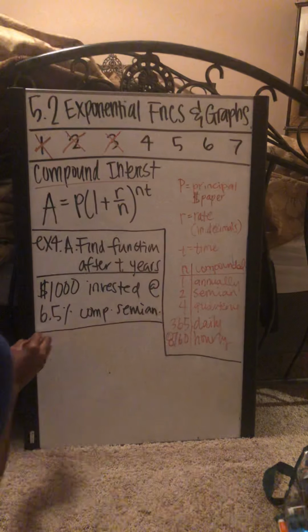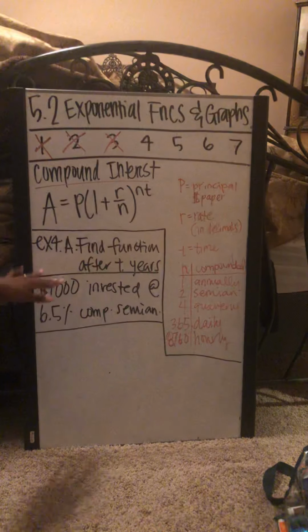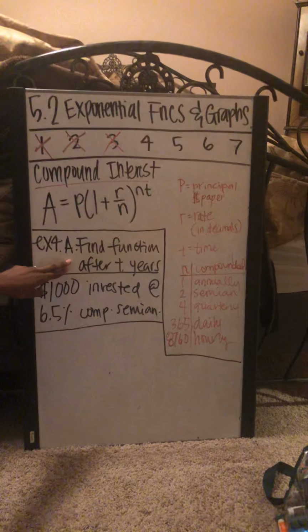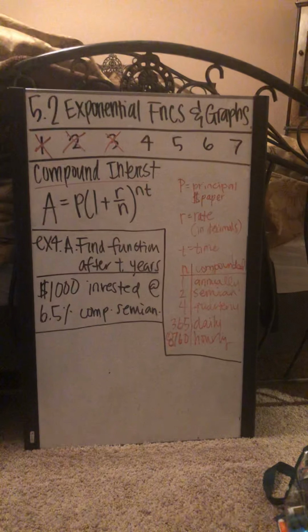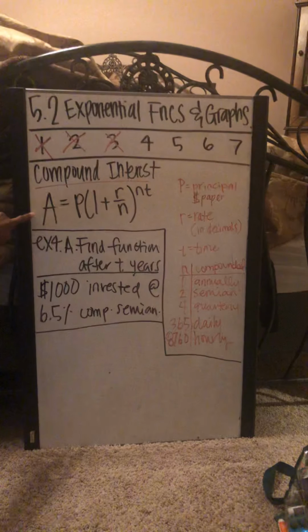Okay, sorry, that's the question, and hopefully you did the printed notes already. But yeah, so for part A, it says find a function for the amount in which the investment grows after t years.